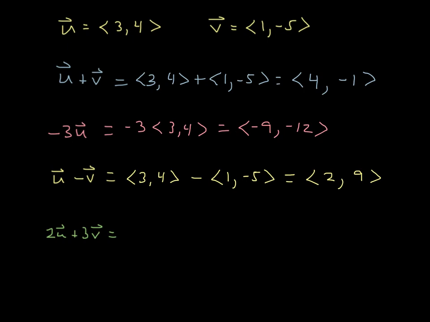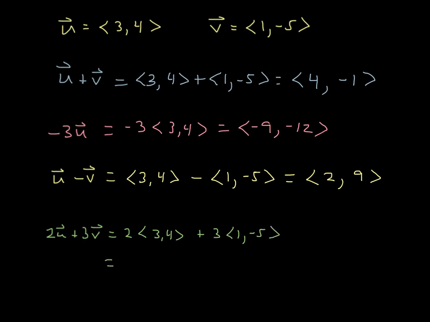Now the next thing you have to keep in mind is that we are able to do all sorts of things with this, and so we can do other calculations. I can take 2 times vector u plus 3 times vector v. So that's going to be 2 times the vector 3, 4 plus 3 times the vector 1, negative 5.